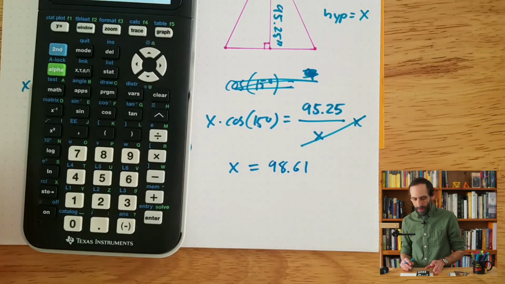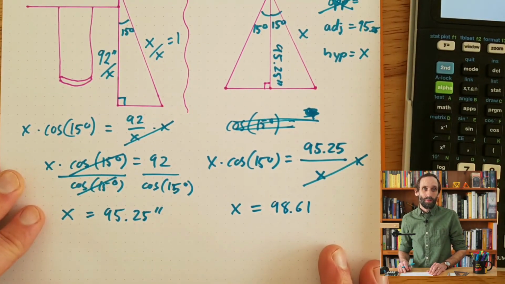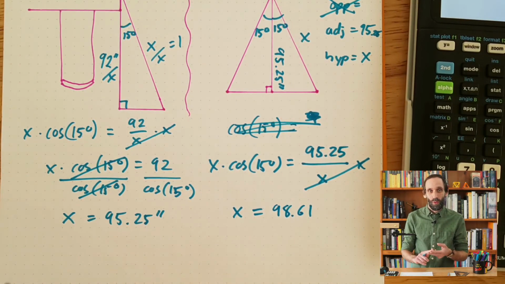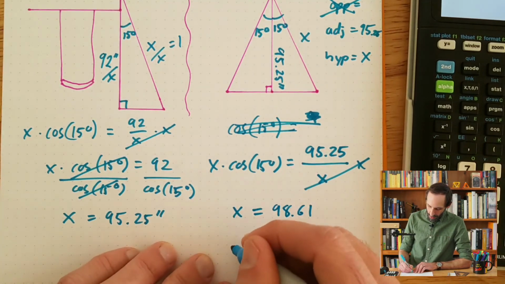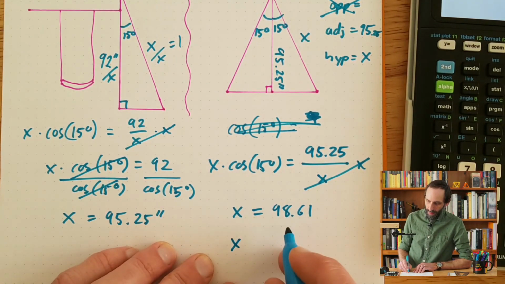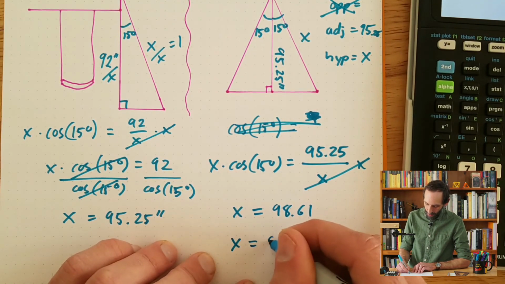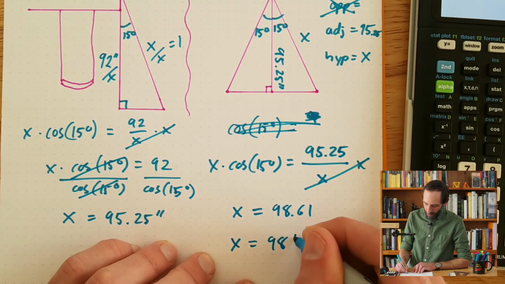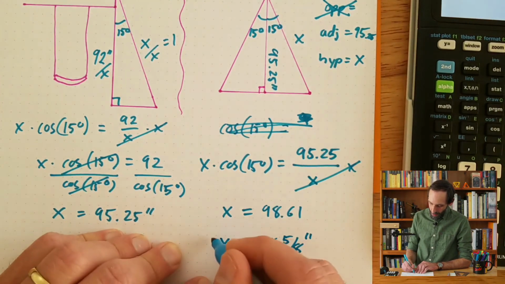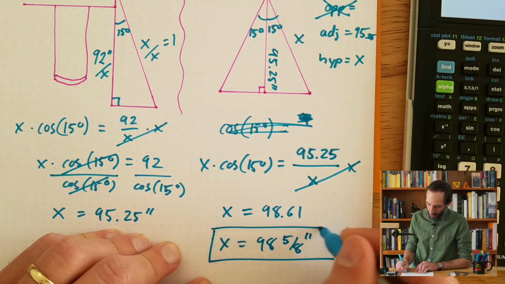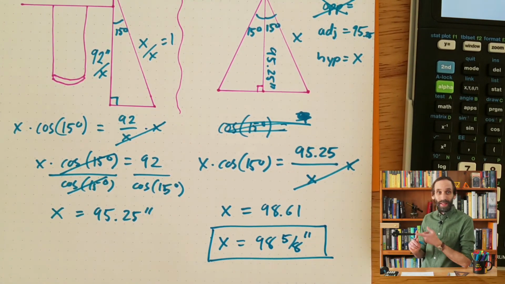Okay, so if I'm basing this on the English system where my measuring tape has halves, quarters, eighths, sixteenths, this is going to be pretty close to 98 and 5/8. So I'm going to say I'm going to cut those boards to 98 and 5/8 inches. So what does this mean? Well, when I go to Home Depot to buy boards, they sell them in 96-inch lengths.